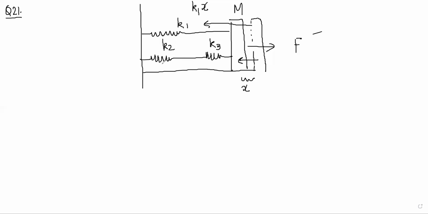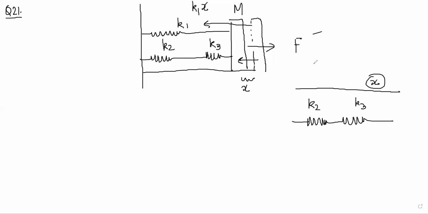The problem is that there are two springs, and I don't know how much each spring is extending. Let's say this is K2, this is K3, and total extension was X. So let's say K3 spring is extending by X3 and this spring is extending by X2.